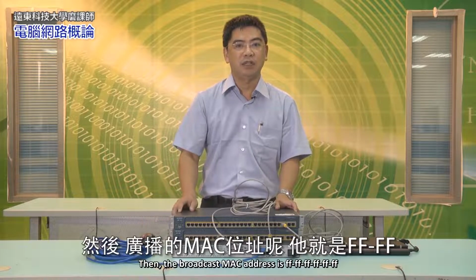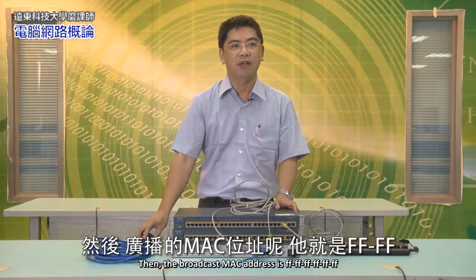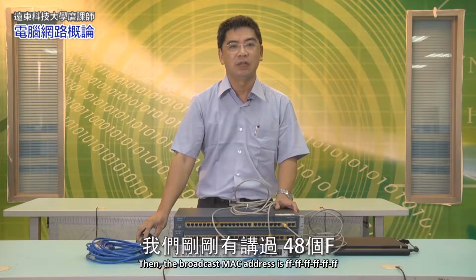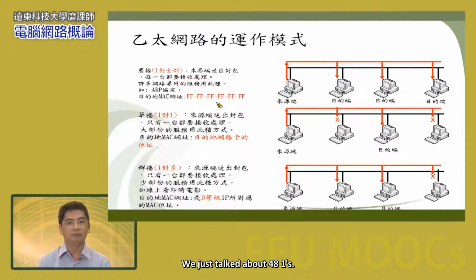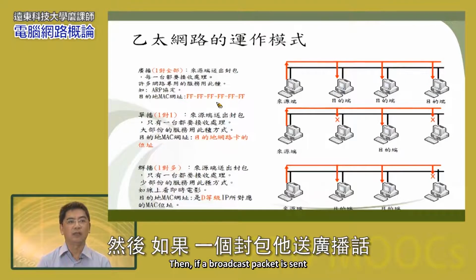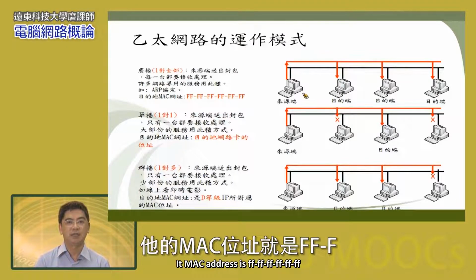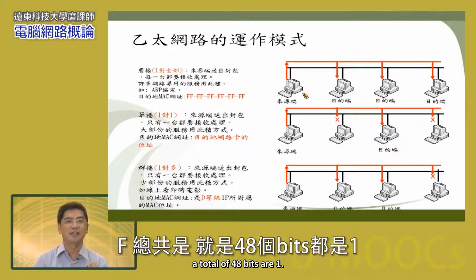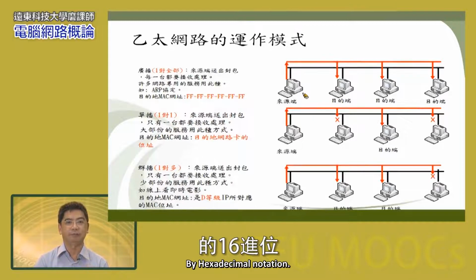The broadcast MAC address is FF-FF-FF-FF-FF-FF. We just talked about 48 ones. If a broadcast packet is sent out, its MAC address is FF-FF-FF-FF-FF-FF, a total of 48 bits written in hexadecimal notation.